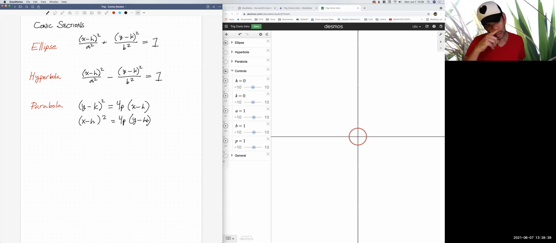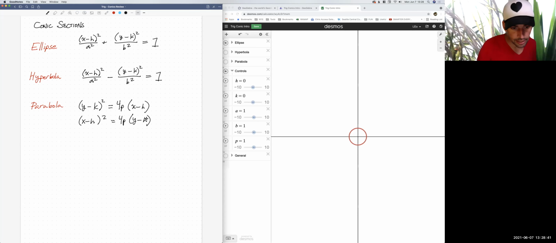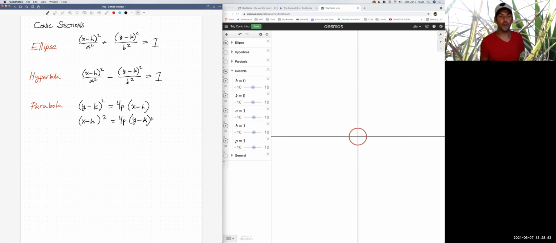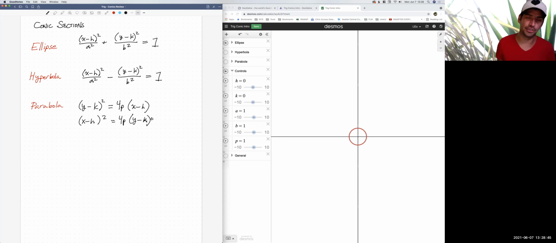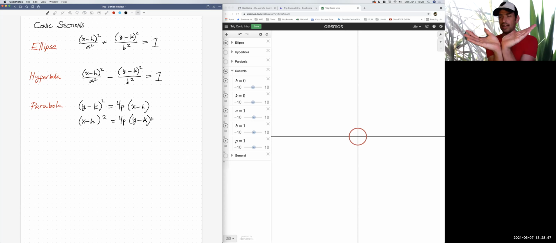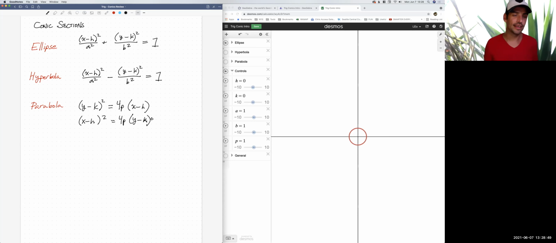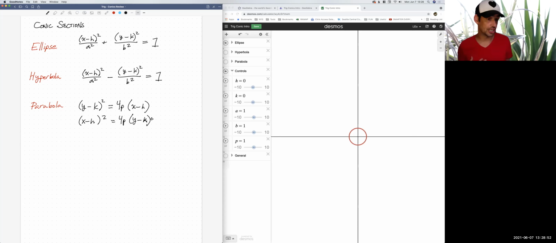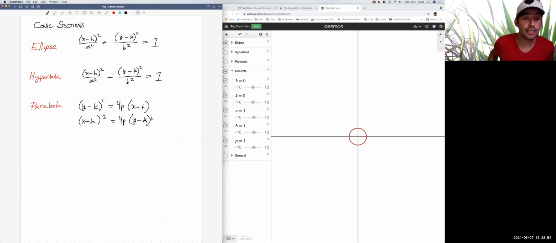So, oops, that should be a k. Right. So p is just, again, a constant that helps determine the shape of the parabola, how wide or narrow it is. h and k are the vertex of the parabola.